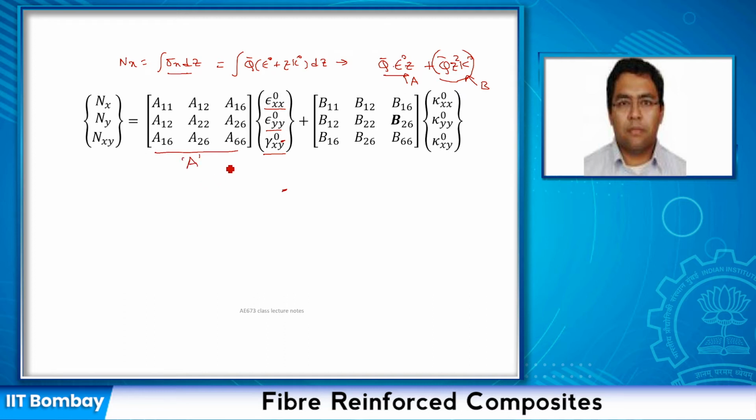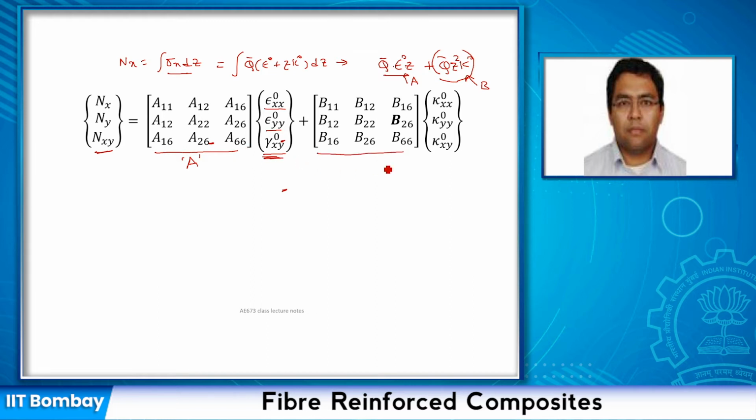So what is A matrix doing? If you look at it, A matrix is connecting my extensional forces nx, ny, and nxy with the strains of the midplane, the extensional and the shear strains in the midplane. So this A matrix is basically your coupling between nx, ny, nxy, and epsilon 0 xx, epsilon 0 yy, and gamma 0 xy. Now what is B matrix doing?